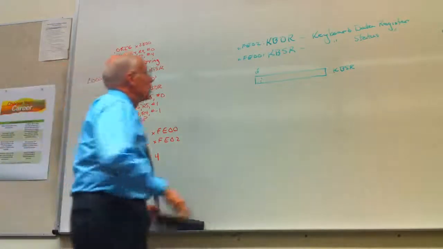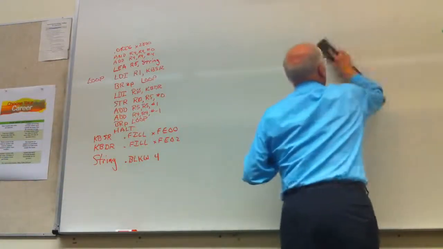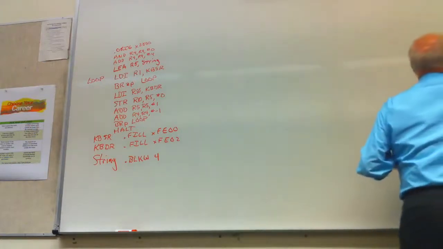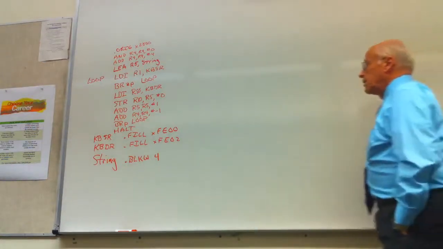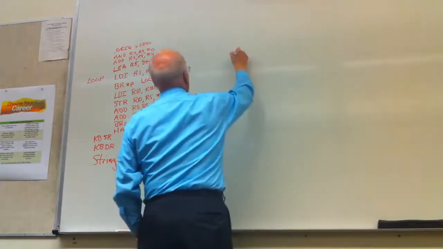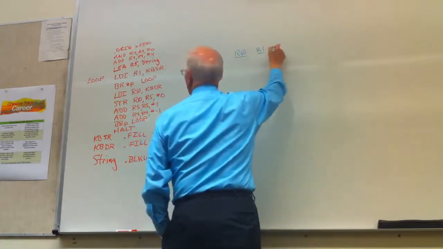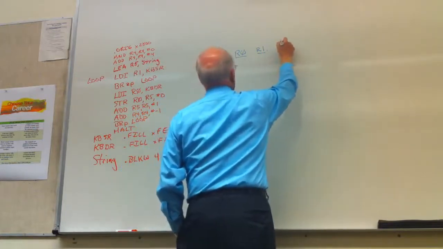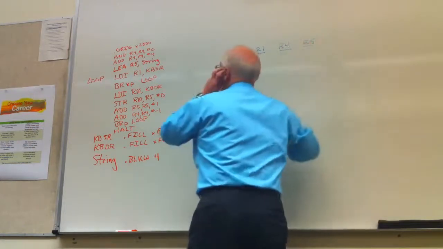Okay, now let's kind of trace this thing through here and see what happens to it as we go. Let's see, I am using register 0, register 1, register 4, and register 5.